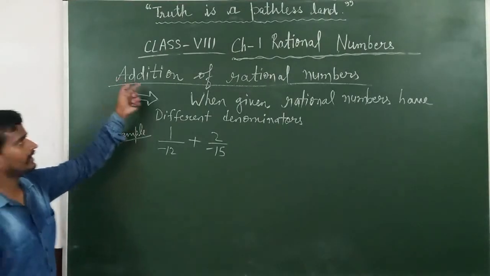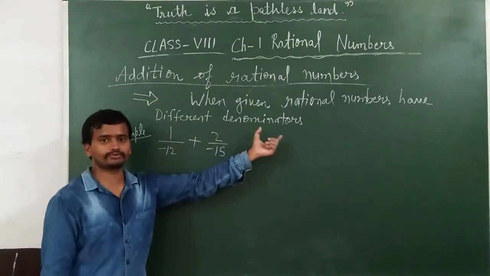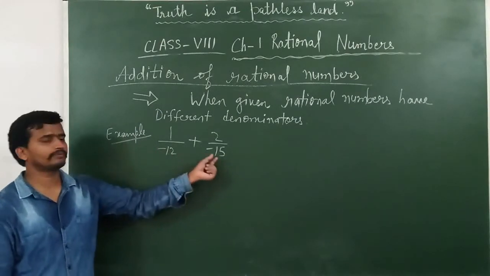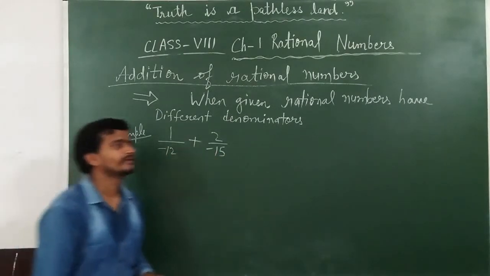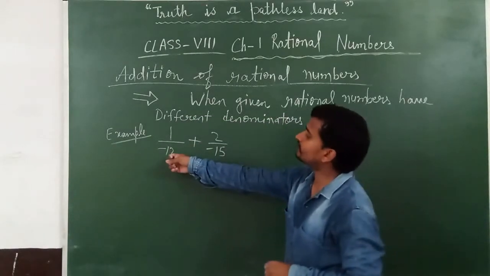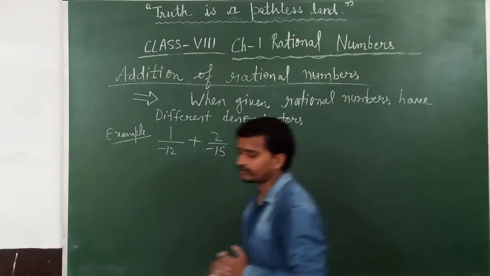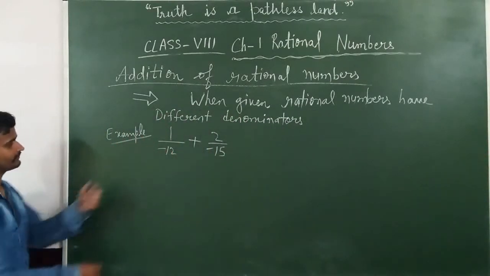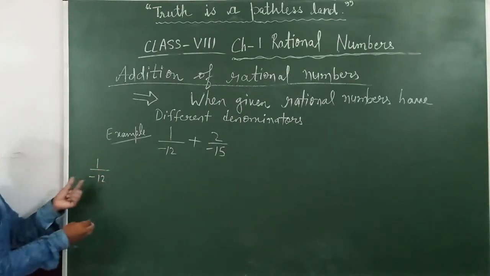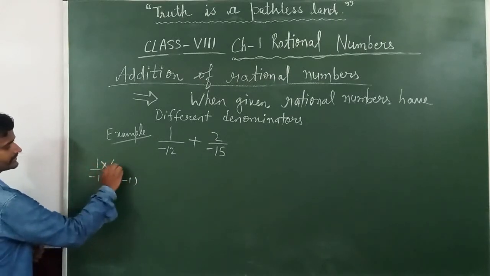Next is addition when given rational numbers have different denominators. Here denominators are different, 12 and 15. But the first condition is to change the negative denominator to positive denominator. So first of all, we will change 1 upon minus 12: multiply the denominator by minus 1 and also the numerator by minus 1.